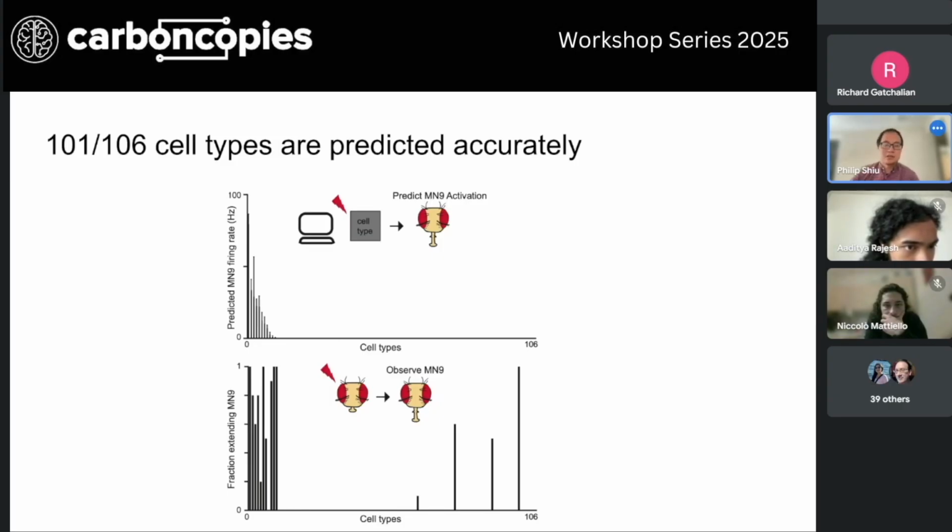What we're doing is predicting a motor neuron 9 firing rate, but what we can collect is the fraction of flies extending the proboscis. Ideally, we would have collected the firing rate of motor neuron 9 with electrophysiology, but those experiments would be quite challenging. So this data is what we were able to collect.